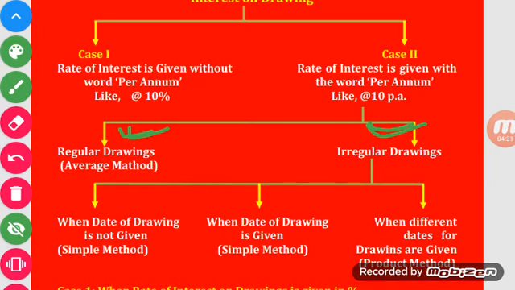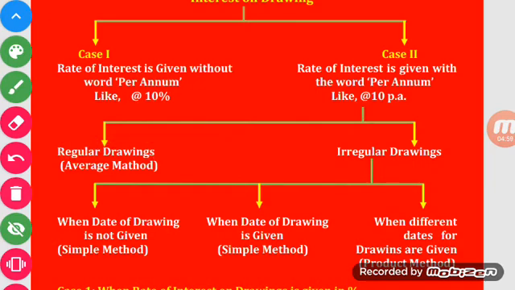For calculating interest on drawings when regular drawings are made, the average method is used. Point to be noted here: if a partner withdraws any amount from the firm on a regular basis, the average method will be used.